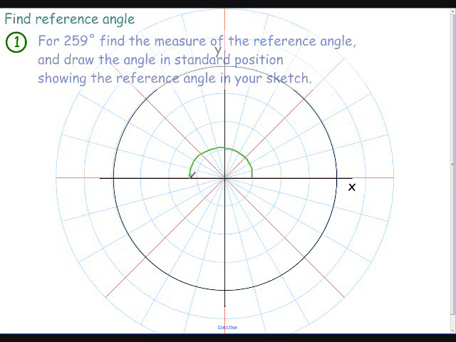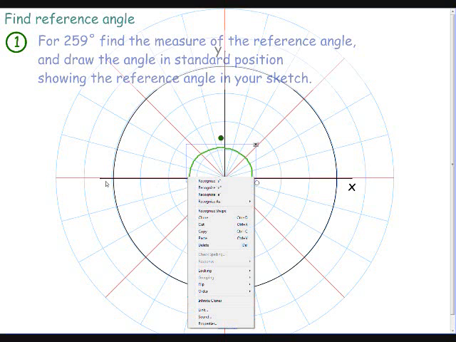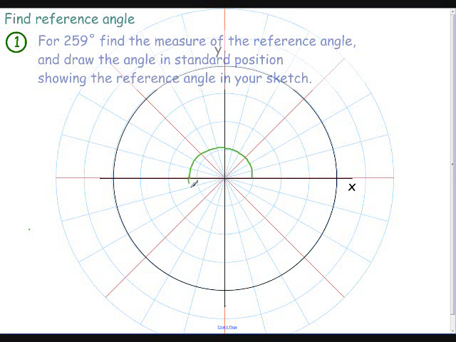So if I add another 30 degrees, what am I up to now? 210. Another 30 degrees. 240. Over here would be 270. I don't go quite that far, do I? So I go right to about here. So there's my terrible drawing, isn't it? But that's 259 degrees.